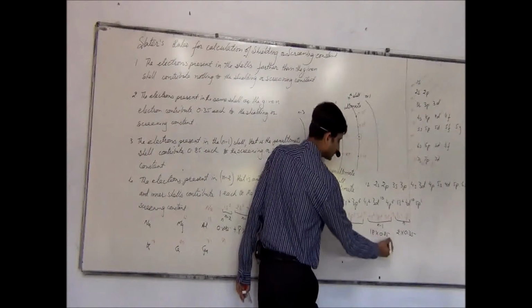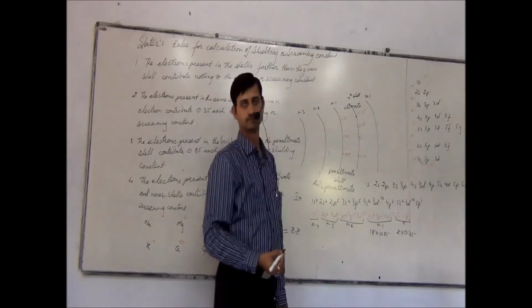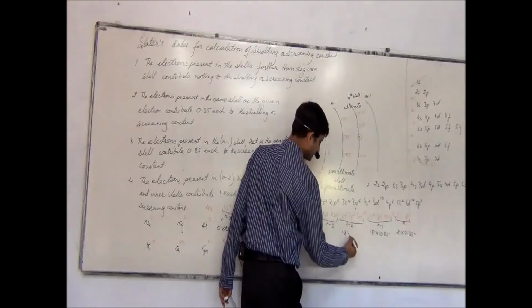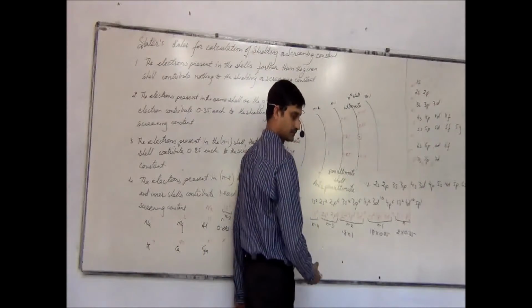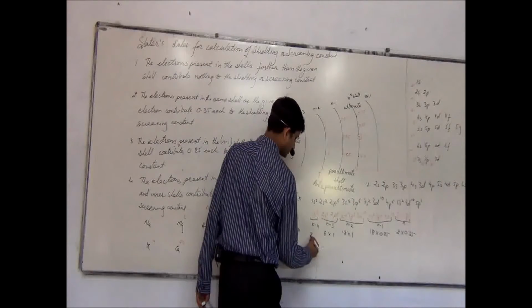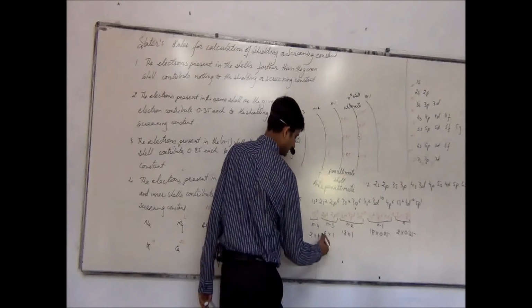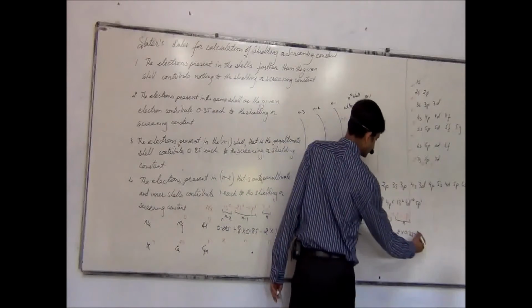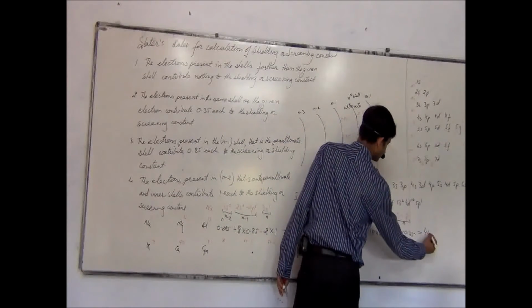Now this is 18 into 0.85. This again is 18 into 1. This is 8 into 1. This is 2 into 1. And each of these are added. The total value comes out to be.